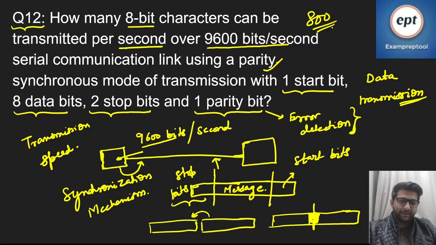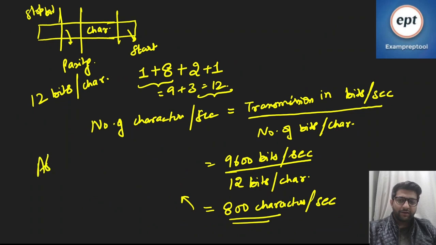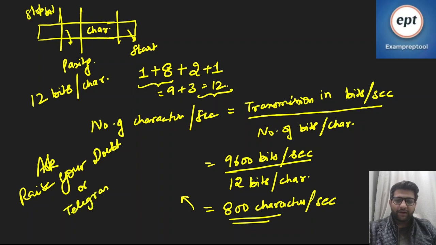So I've explained the concept of transmission in brief here. If you have any doubt with this particular concept, you can go through your notes once, or you can use the raise your doubt or ask your doubt feature on the app or on the Telegram channel. I highly encourage you to ask your doubts, because if you do not ask, you will be stuck with your doubts, and you can make the same mistake again in the GATE exam.